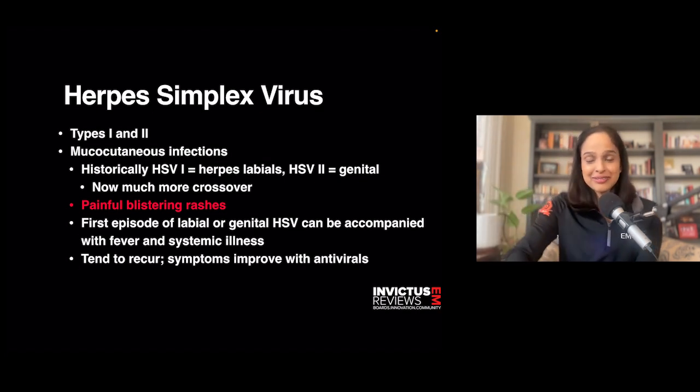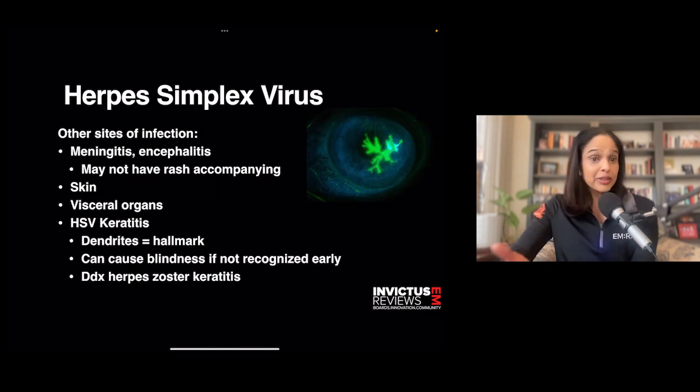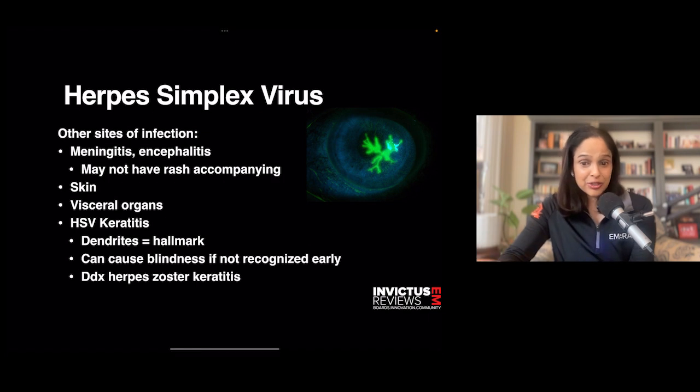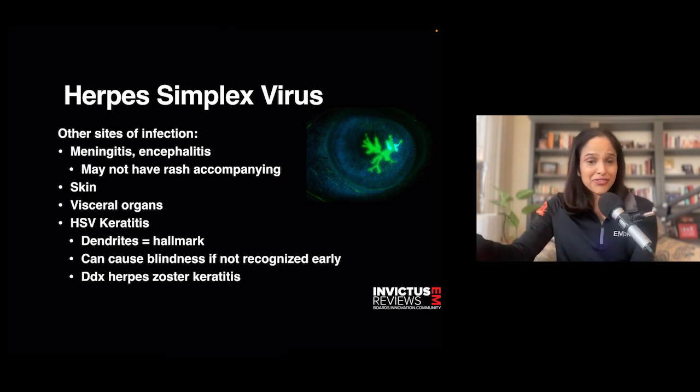All right. So we're going to do the 10,000-foot view of it here instead of the super deep dive. Basically, there are types 1 and 2 of herpes simplex virus that affect people, and they typically cause these mucocutaneous infections. Historically, we've thought of HSV1 as the one that causes cold sores, herpes labialis, and HSV2 as the one that caused genital herpes.